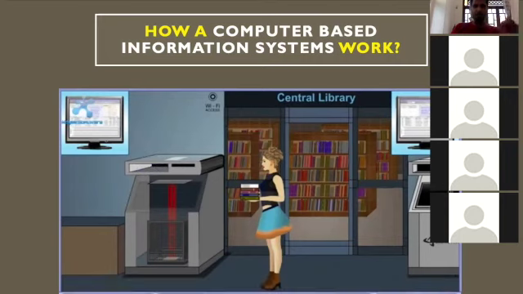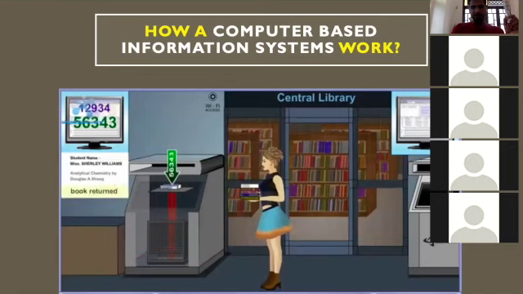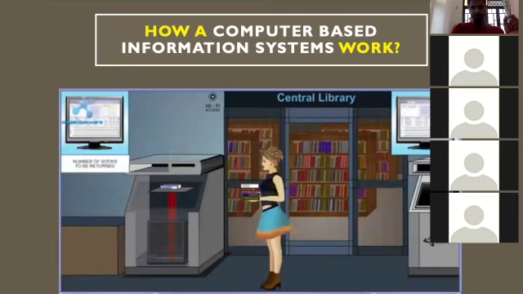When she puts the books in, it automatically counts which books she is returning. Automatically in the system, all the books under her name will be removed and marked as returned. The book drops down to the spring-loaded cart. The second antenna is then able to read it and verify that it has been deposited.